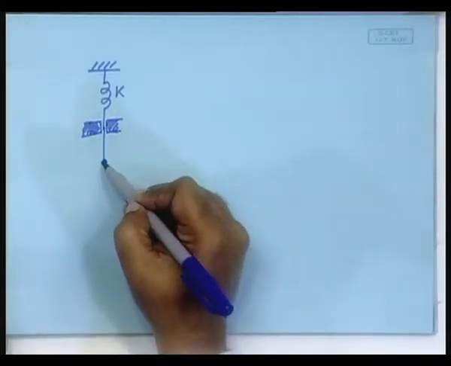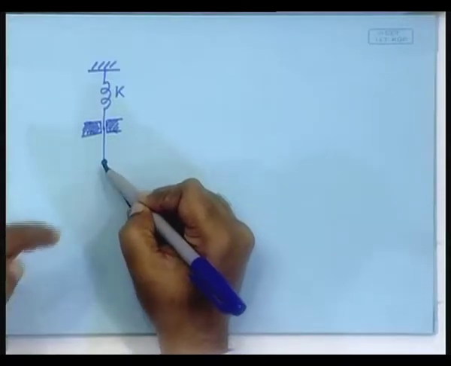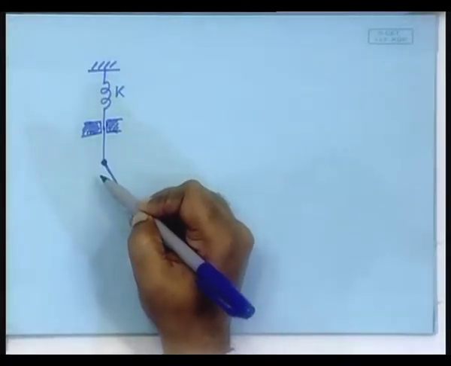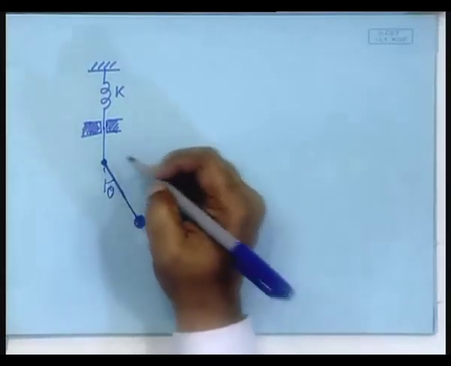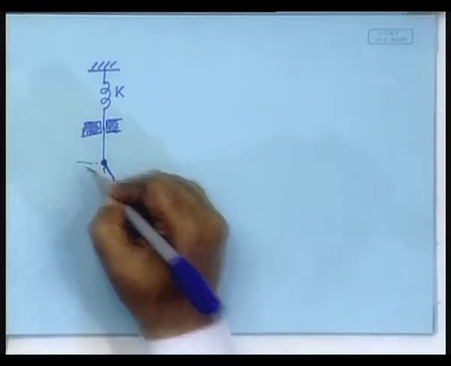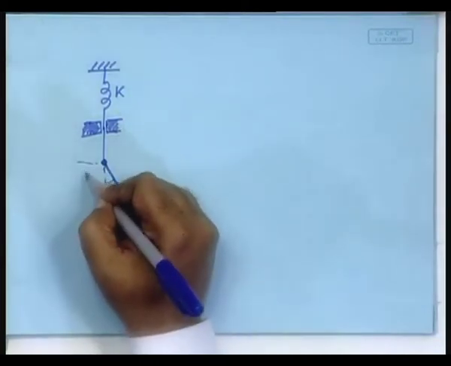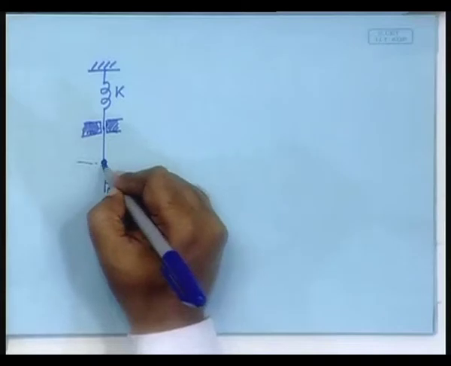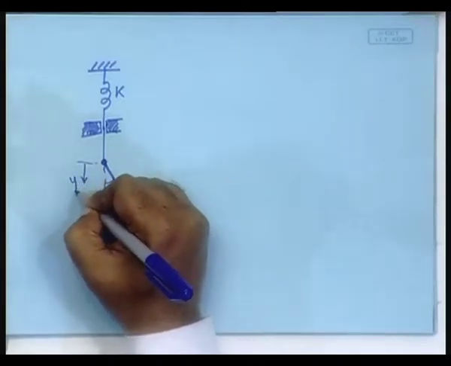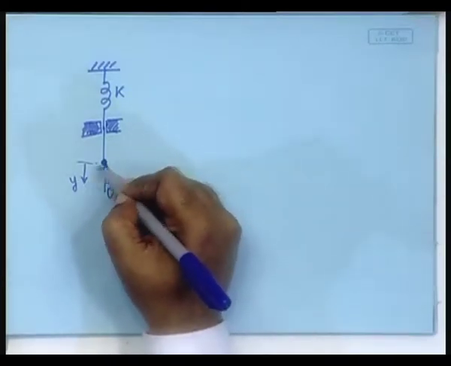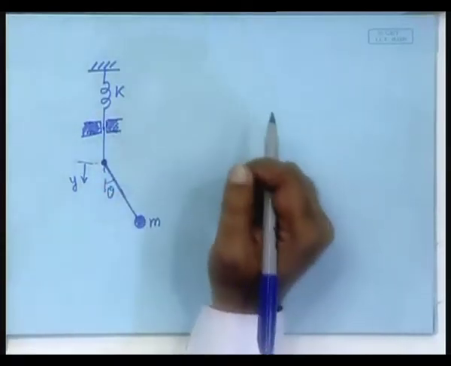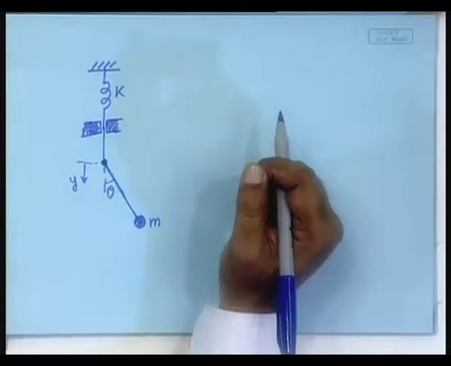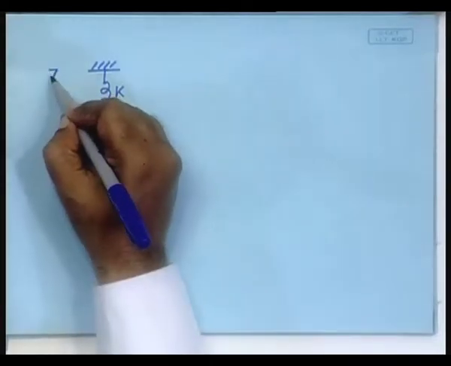So, point of suspension, and this point of suspension is going up and down. So, you can say this position is one state variable, the other is obviously theta. So, if it is the x coordinate, it is the y coordinate, then this can be simply y from here, and it is possible then to define y0 as the unstretched position of the spring. This would be problem number 7.